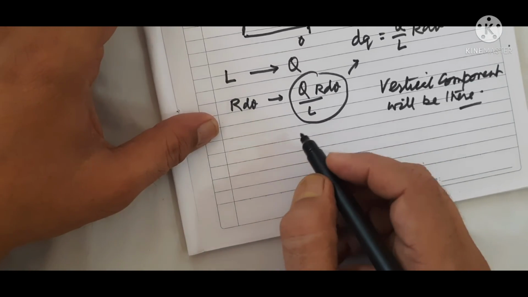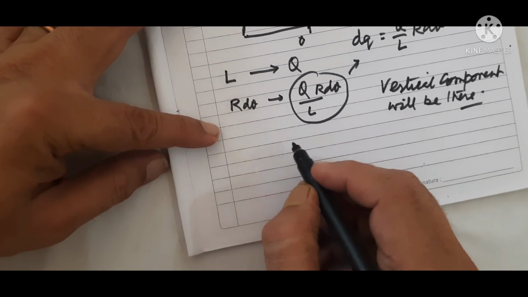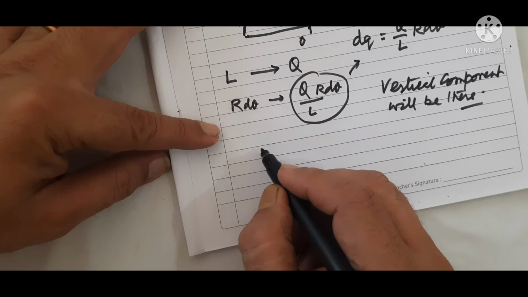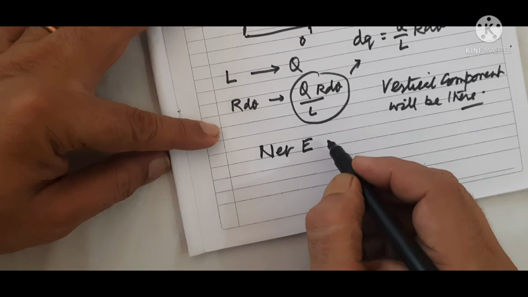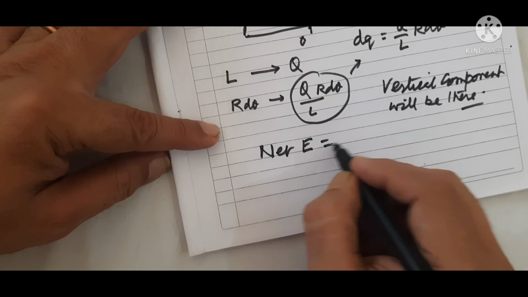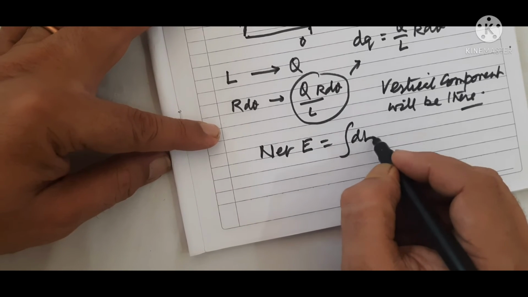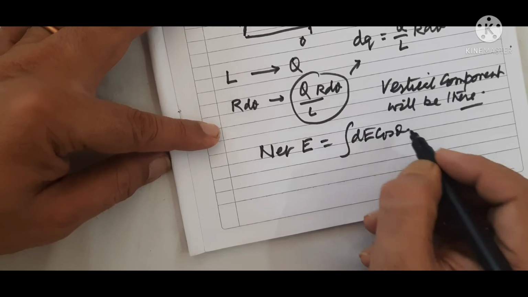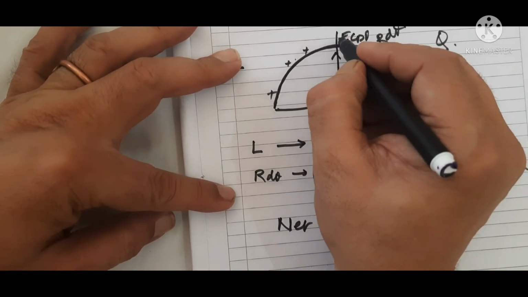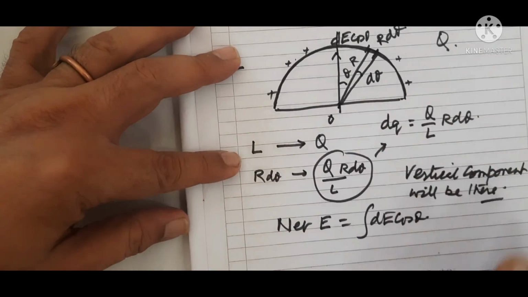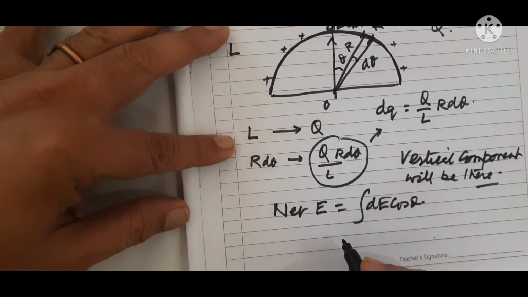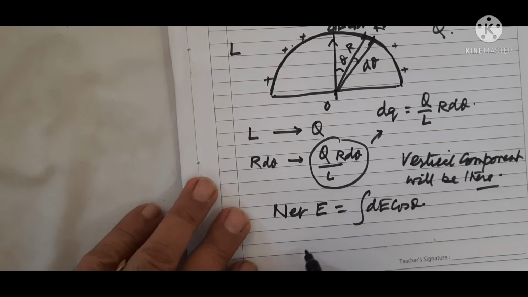So vertical is your cos theta. So we can write it. The net electric field intensity is equal to integration of dE cos theta. Small pieces are there, so dE cos theta.